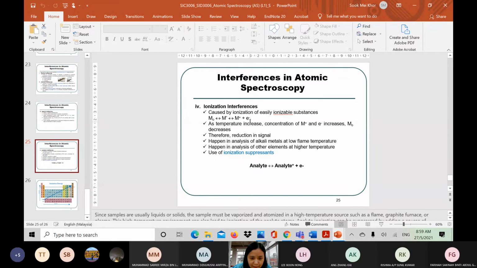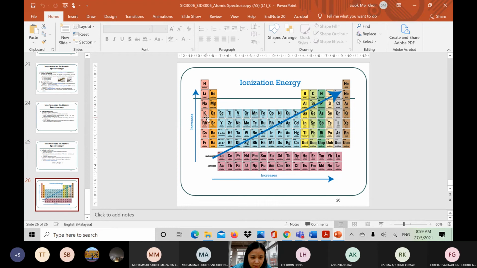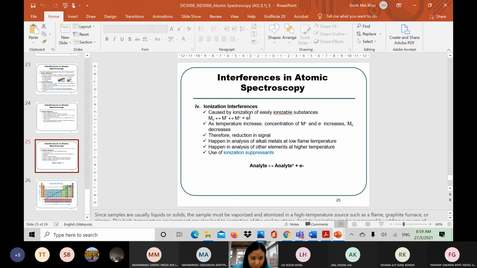In order to prevent this ionization, the equilibrium, we must have a high concentration of electrons. How do we get a high concentration of electrons? We add an element, potassium or even cesium, into the sodium sample solution, so that it gets ionized first.